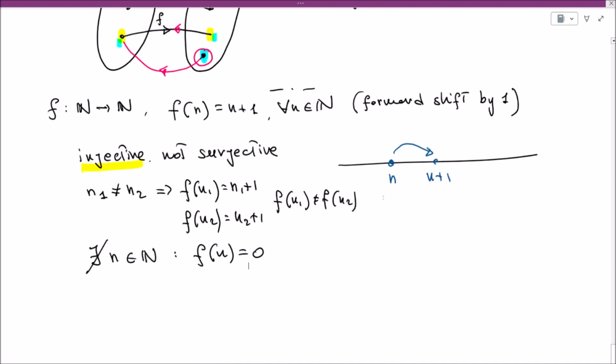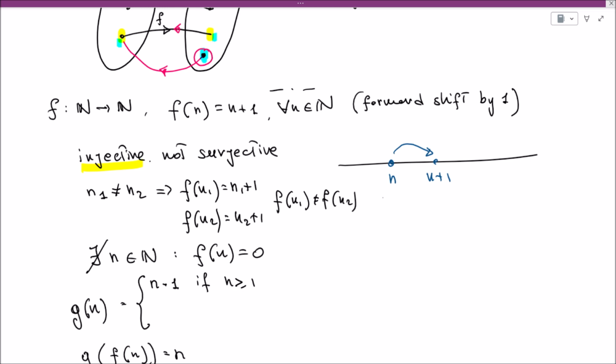Let's see what the function g of n is that can satisfy the only condition that we want, which is that g of f of n would be equal to n. Well, this function is easily found as n minus 1 if n is larger than or equal to 1.